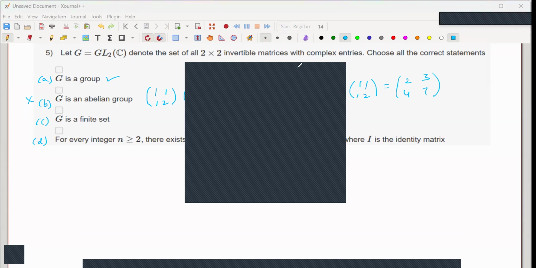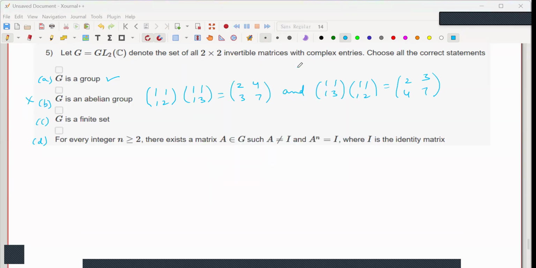Okay. So is G a finite set? No. Why? Consider the set of matrices r times I, which are uncountable.